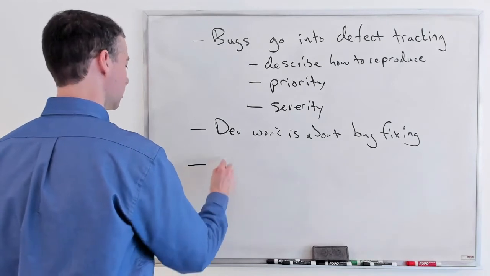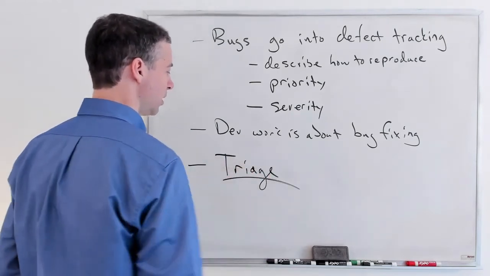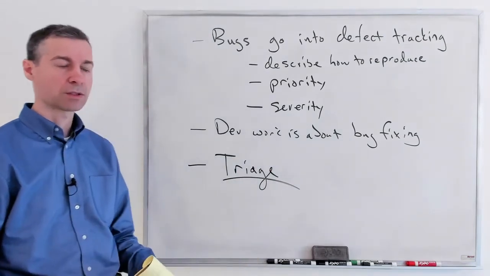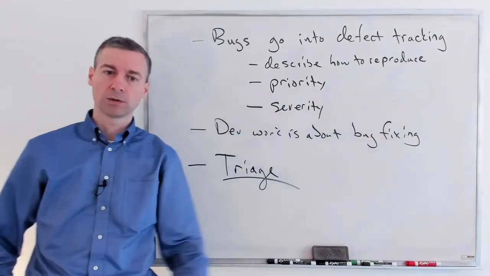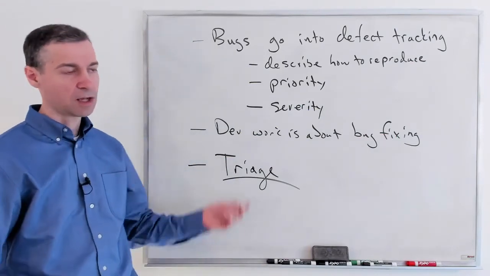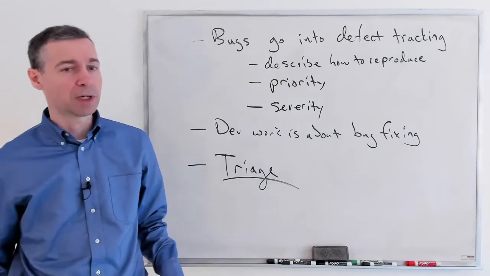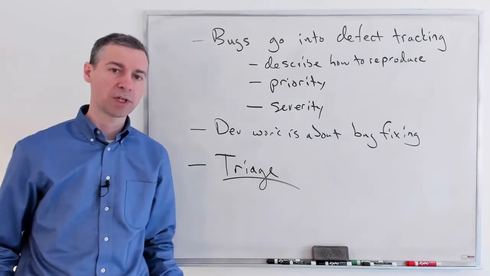There is also a really big notion of triage. Now you've written all this code, you've found tons and tons of bugs, and it's taking forever to get them fixed. As you fix bugs, you introduce more bugs, and it seems like it's never going to end.